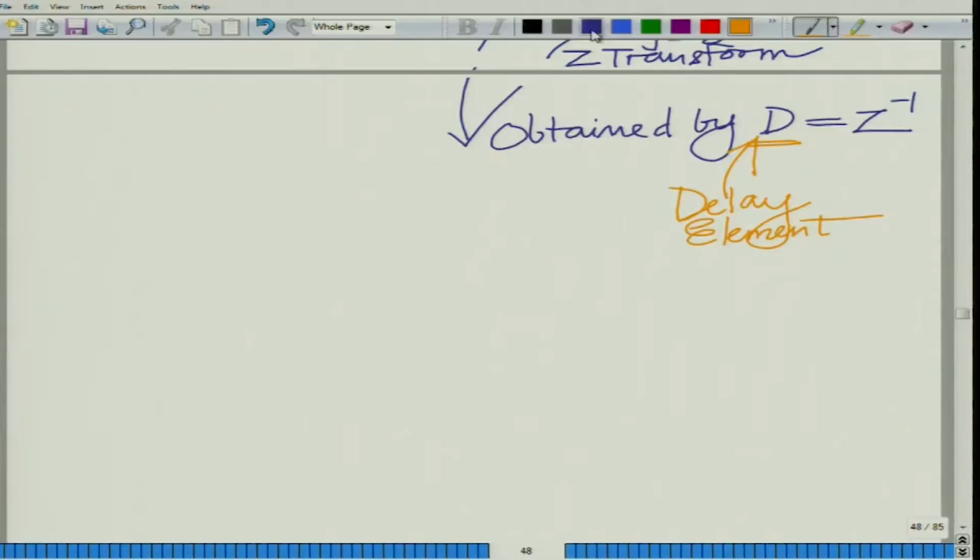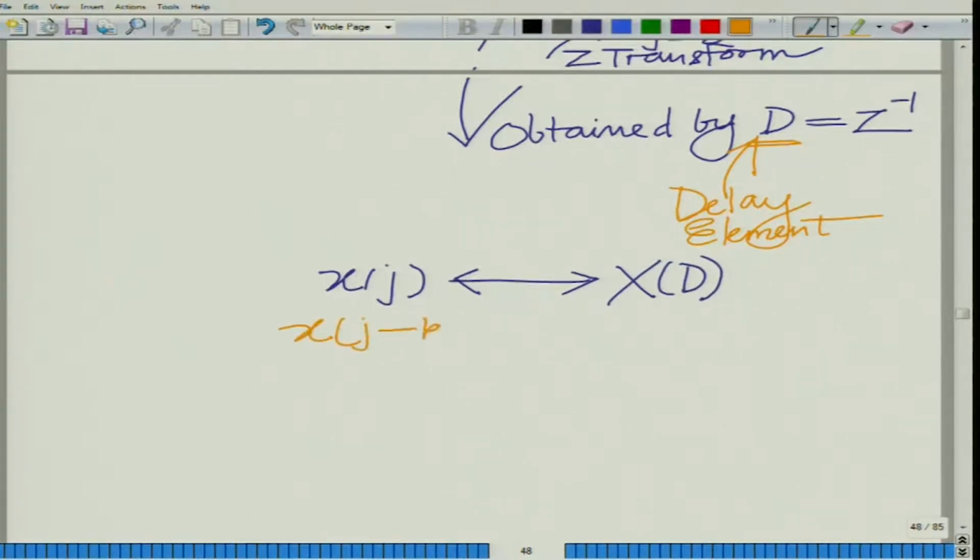Now, it goes without saying, for instance, I have x of j with transform x of D, and I have x of j minus k. What is the corresponding transform?